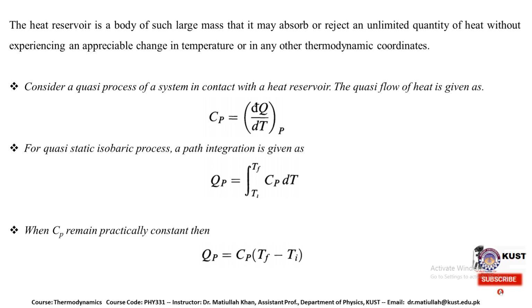So the equation will be modified as Qp equal to Cp into (Tf minus Ti). So this is for the isobaric process.